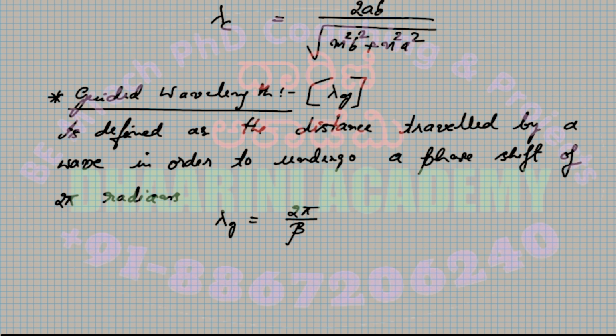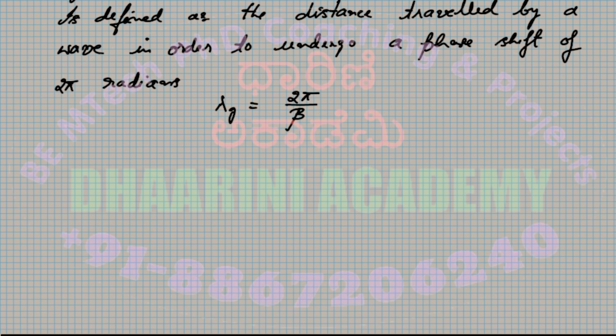But there is another important relationship which we need to remember: 1 divided by lambda g square equals 1 divided by lambda naught square plus 1 divided by lambda c square, where lambda naught is the free space wavelength.